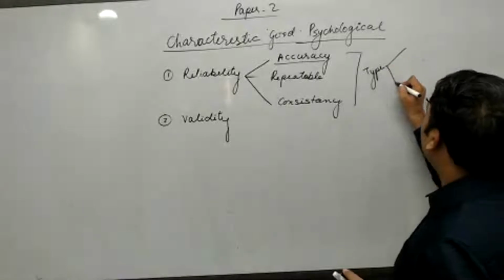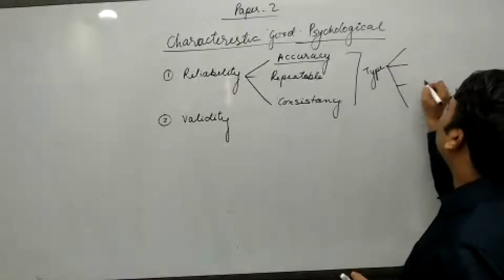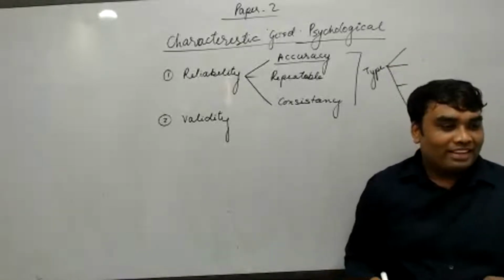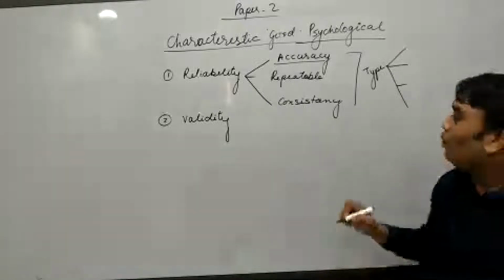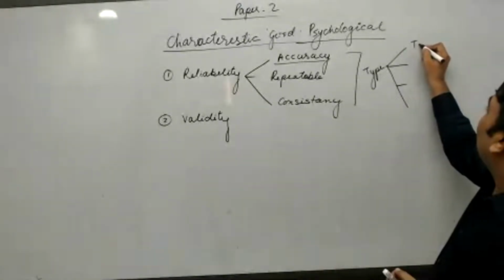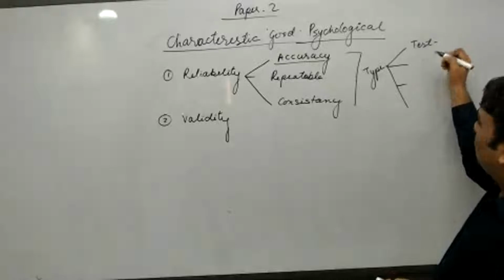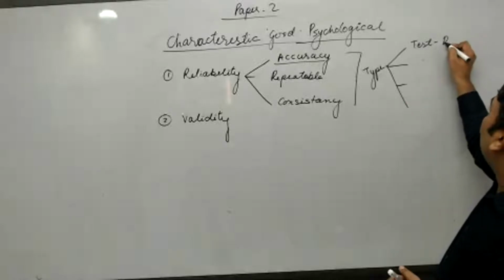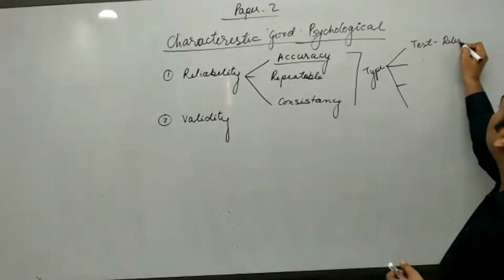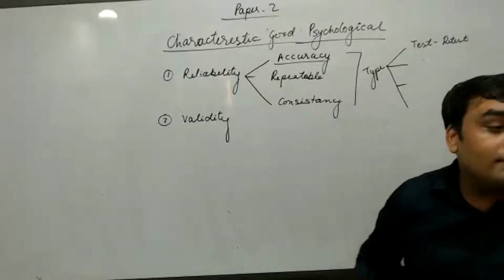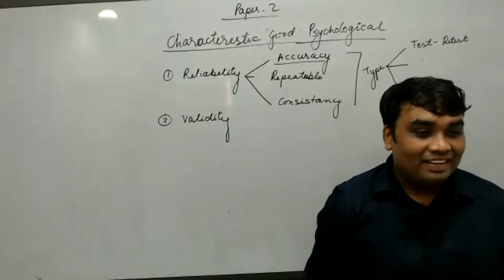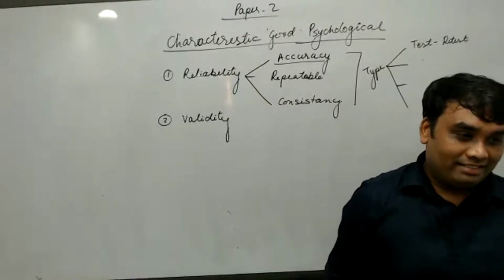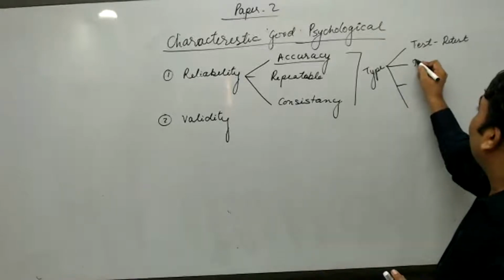So there are basically 4 types of reliability. One is test-retest reliability. Note it down. This is a type of reliability. Other is internal reliability.